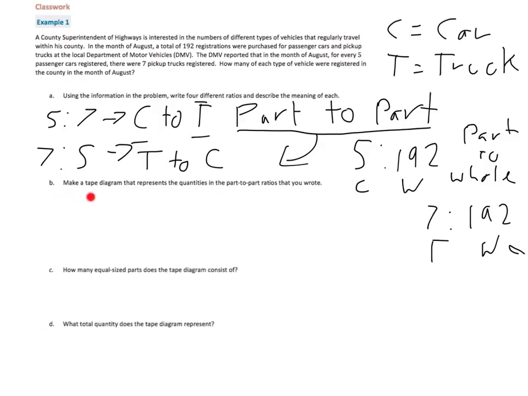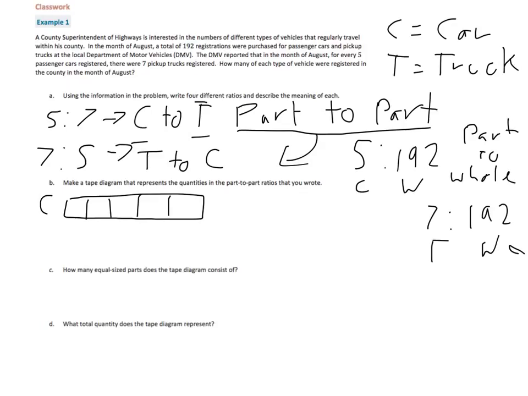Next, it asks us to make a tape diagram representing the quantities in the part-to-part ratios you wrote. Well, here are part-to-part ratios, 5 to 7 and 7 to 5. So let's start by making our tape diagram. Remember, our tape diagram just shows how many boxes for each number in the ratio. So we'll start with the cars, and we'll make it 5. 1, 2, 3, 4, 5.